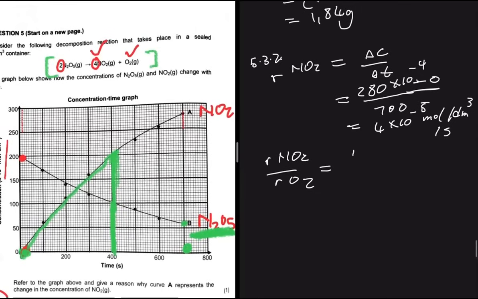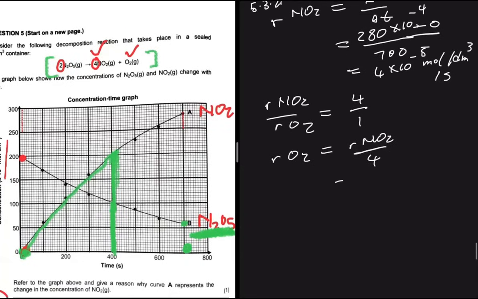So that will be 4 divided by 1. So the rate of O2 is equal to the rate of NO2 divided by 4. This will be equal to 4 times 10 to the minus 5 divided by 4. It should give us 1 times 10 to the minus 5 moles per decimeter cube per second.